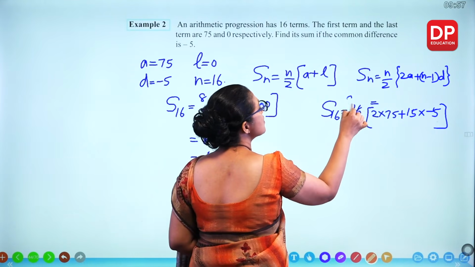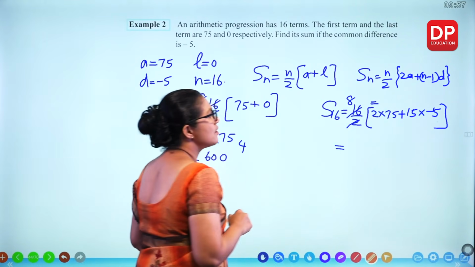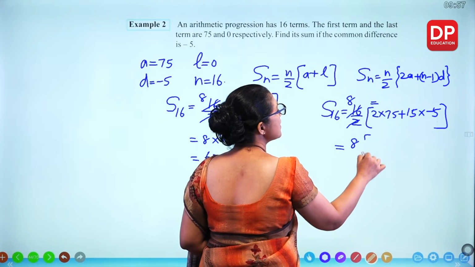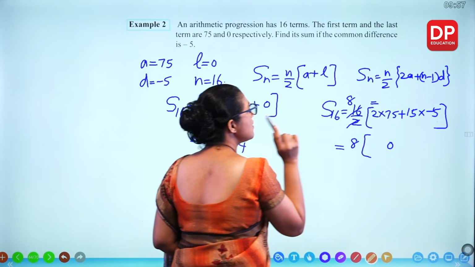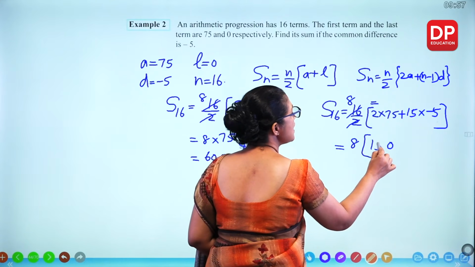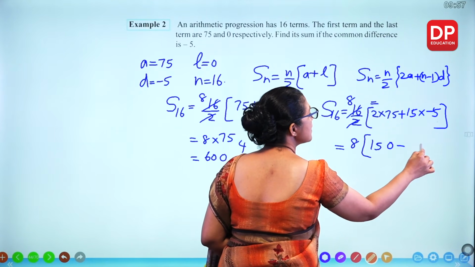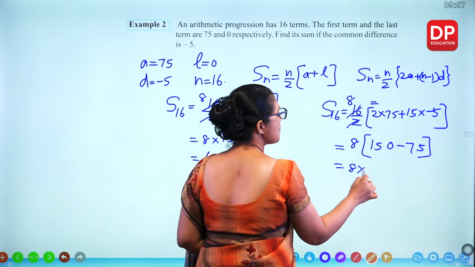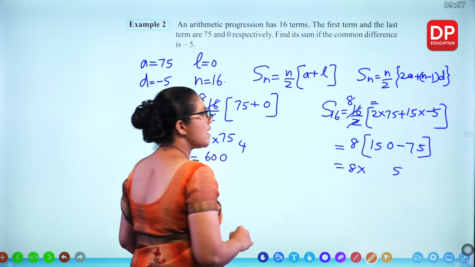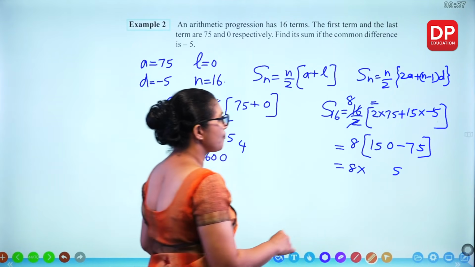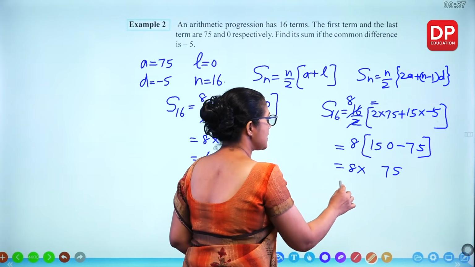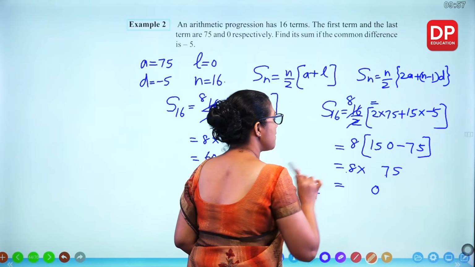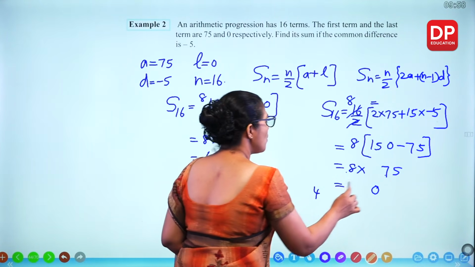So do the calculations. 8 times, 150 minus 75, you get 75. 8 times 75 is 600.